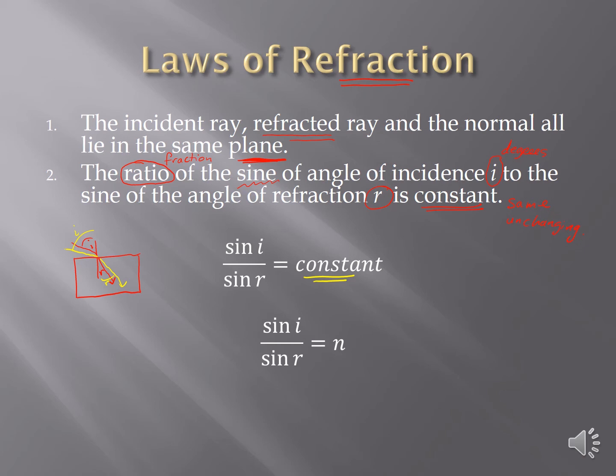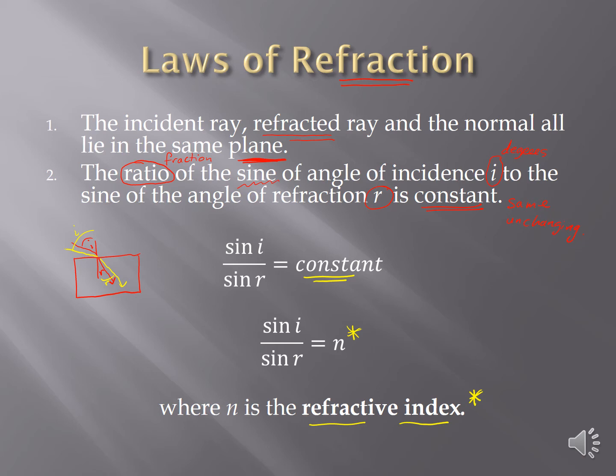And indeed that constant means something. Sine I over sine R gives this value n, which is known as the refractive index. And what is it? It's a measure of the density of the material when compared to a vacuum. Normally in our lab, our experiment is carried out in air, but because the refractive index of air is not that much bigger than a vacuum, we'll let it go.